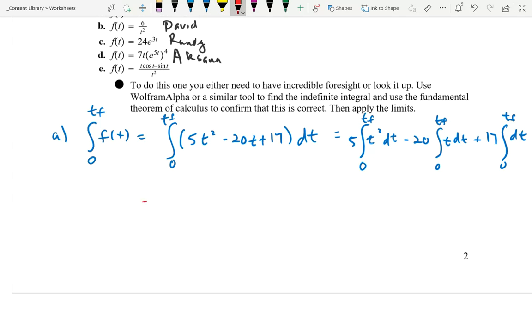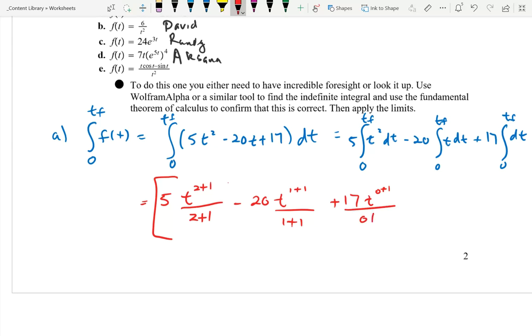So I'm going to have equals 5t to the 2 plus 1 over the new power with my limits. Actually, I'm going to do all the limits together. Minus 20t to the 1 plus 1 over 1 plus 1, plus 17t to the 0 plus 1 over 0 plus 1. Whoever writes 0 plus 1? No one, except when you're being ultra explicit.